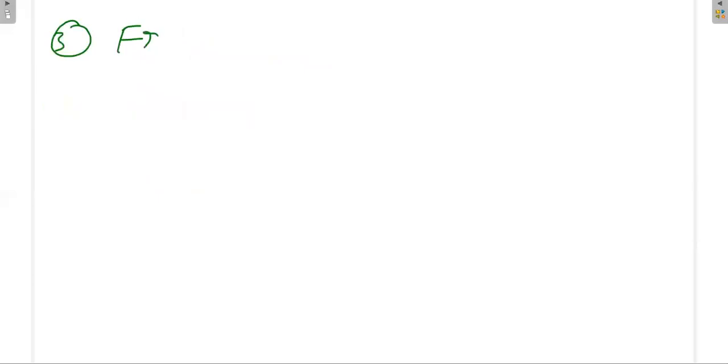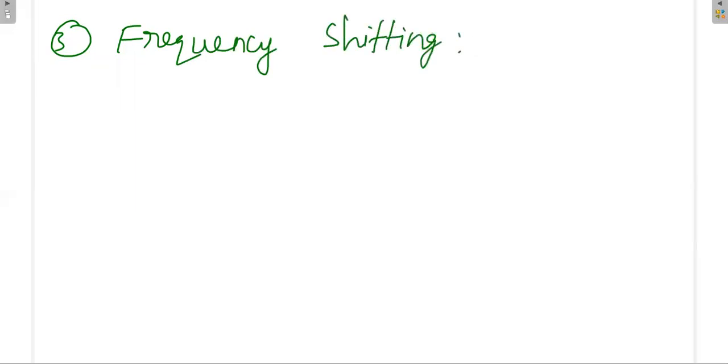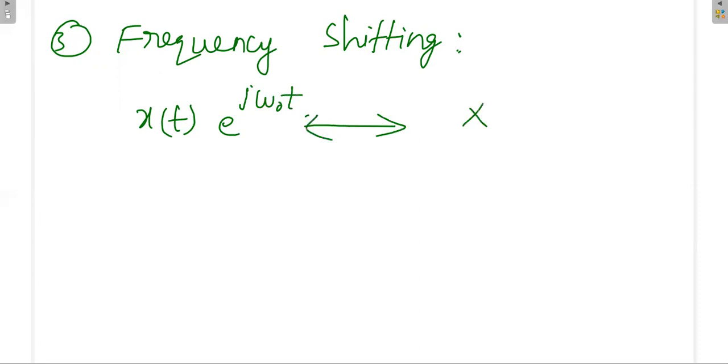Third, frequency shifting, that is x of t e power j omega naught t Fourier transform pair X of omega minus omega naught.